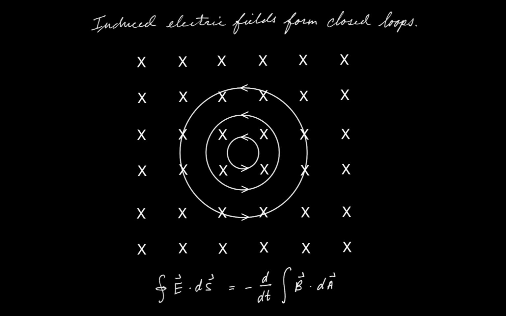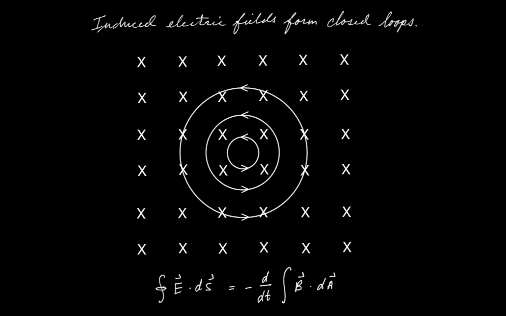I want to invoke that conceptual negative sign by reversing the direction of my thumb. My fingers then curl in the direction of the induced EMF. My fingers curl in the direction of the induced electric field.